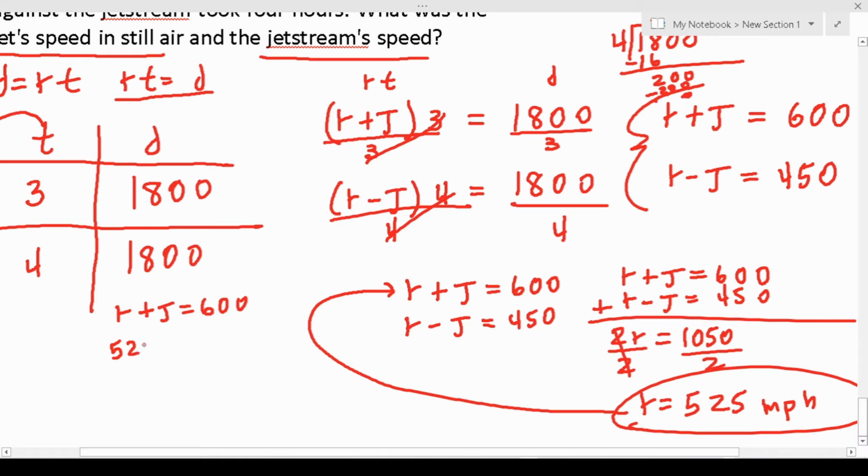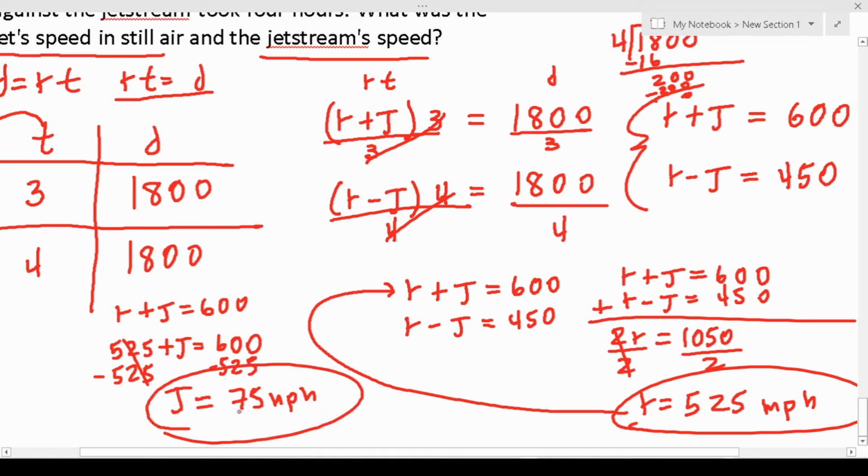This is 525 plus J equals 600. Let's subtract 525 from both sides. This will cross out, leaving you with J equals 600 minus 525, which is just going to be 75. So in other words, the speed of the jet is 525 miles per hour in still air, whereas the speed of the jet stream itself is 75 miles per hour.